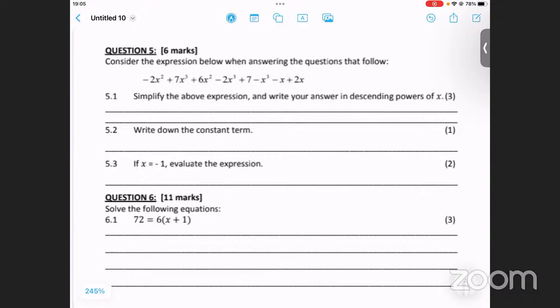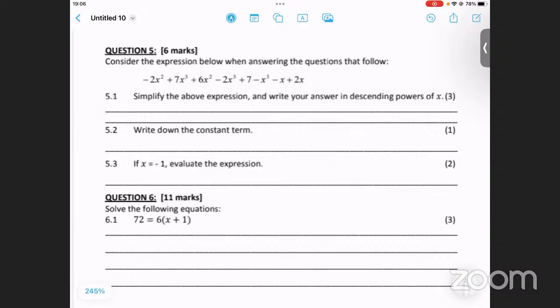We group them by like terms: the ones that have cubed next to each other, the ones with squared next to each other, the ones with just x and just numbers. Is that what you're saying? Yes, ma'am. Okay, so when you group them, what do you have?